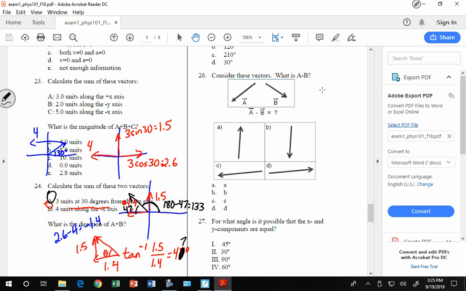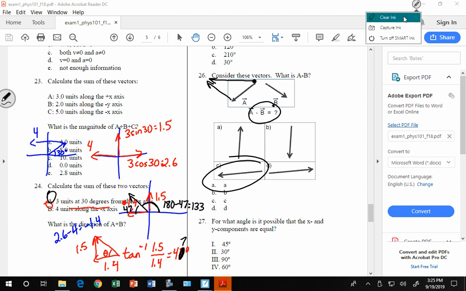Just don't forget to ask: am I adding or subtracting? In this case, I'm subtracting, so don't forget to write B in the opposite direction. Then the sum, or the difference in this case, starts at the beginning and goes to the end. So the answer would look like C. I think y'all are good on those, right?